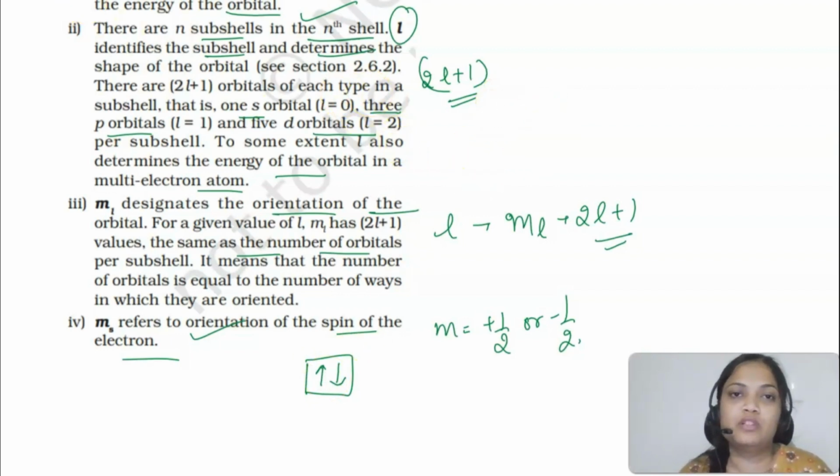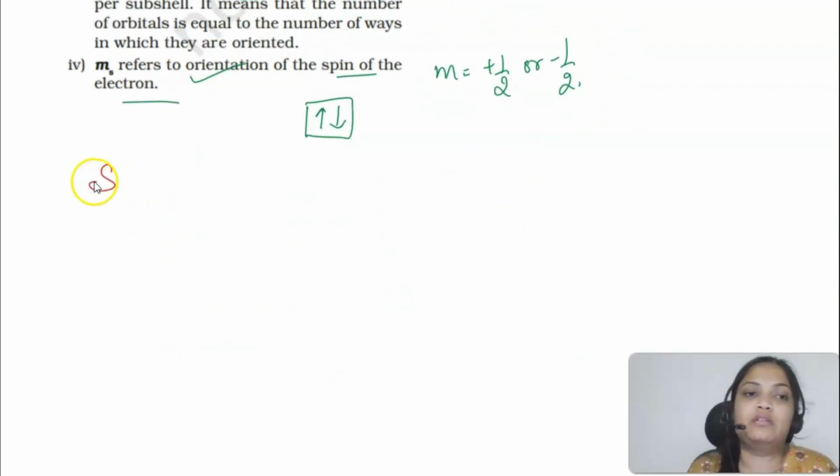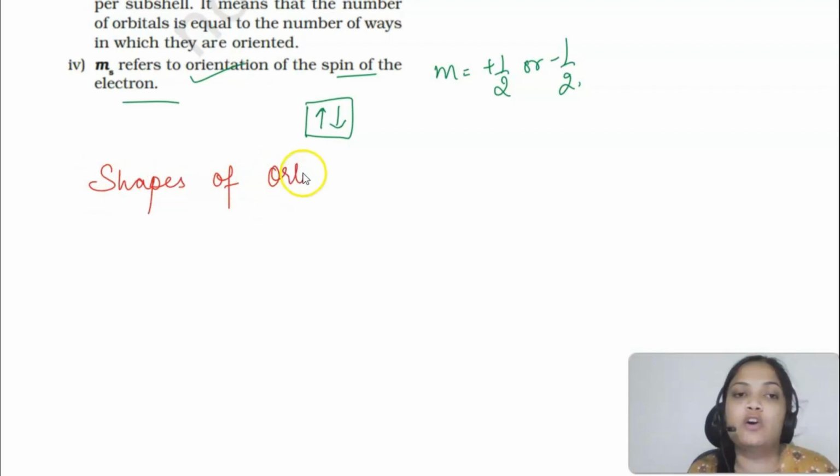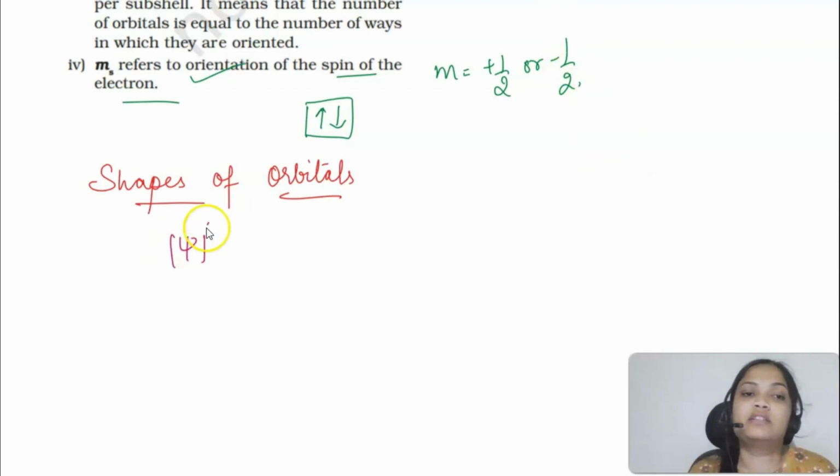That's what we must know. Now students, we have learnt about the orbitals, so we must know about the shapes of the orbitals also, like what are the shapes of the SPDF orbitals. Now how we have determined the shape of the orbitals, let me tell you. So psi square tells you about the probability of finding the electron around the nucleus.